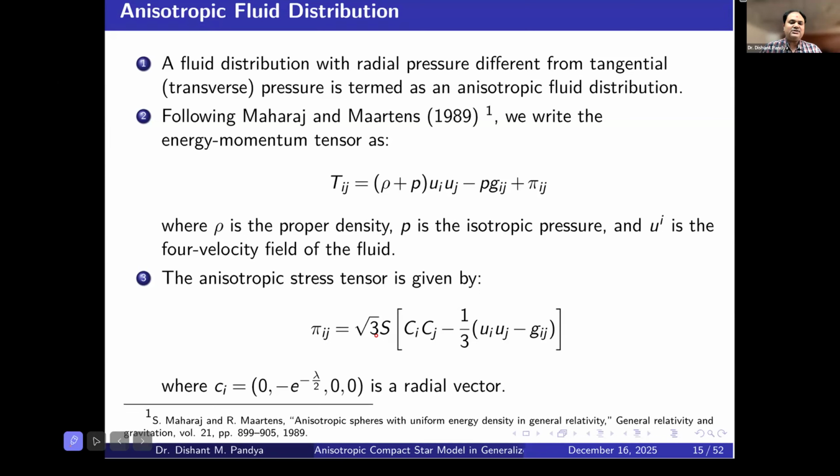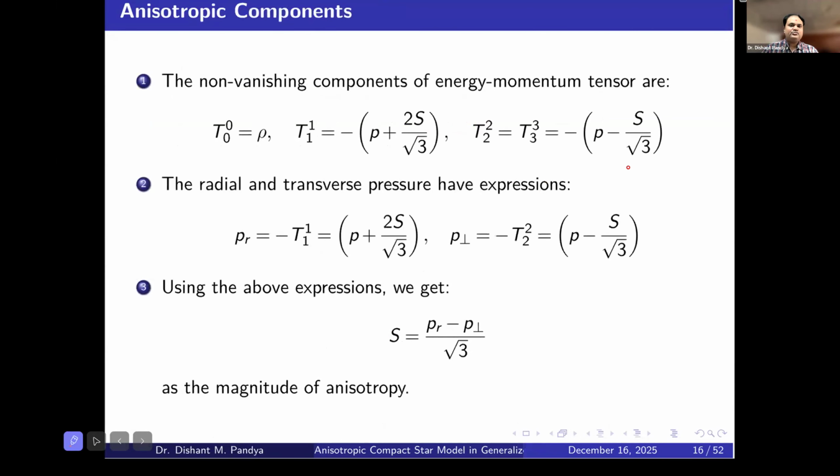If you work it out, you will have this expression, root 3 times S, and then in brackets this one, where c_i is nothing but a radial vector representation. So they developed this expression in the 1989 paper, and they proposed that pi_ij can be replaced with this vector, and hence we can now smoothly introduce anisotropy in our study.